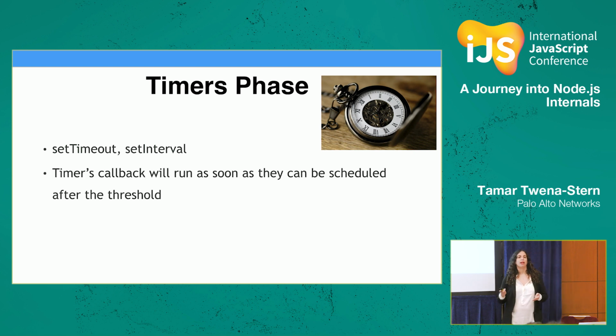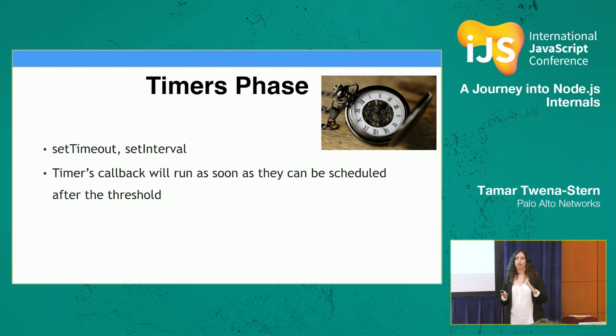So if I have a set timeout of 5 seconds, it should happen in 5 seconds, in the best case. It can happen after it. What I also want to say is that this phase is not scheduling anything.